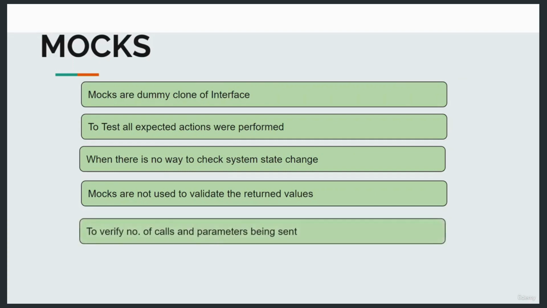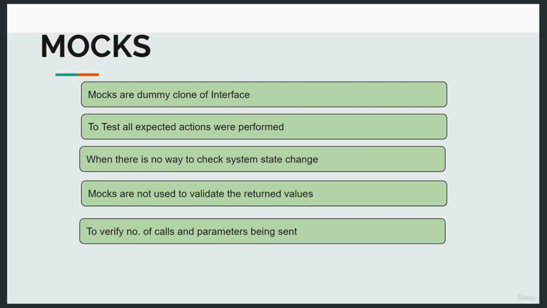One more thing to note here is, since mocks are stateful and we don't check what type of output they give, they are used to validate what type of call is being made by that particular function, whether that mock is called or not, and what parameters are being sent, if there are any.